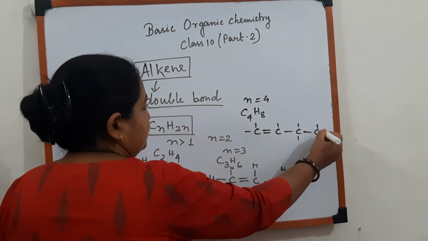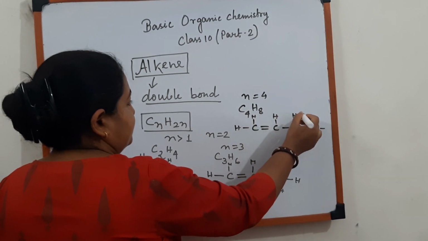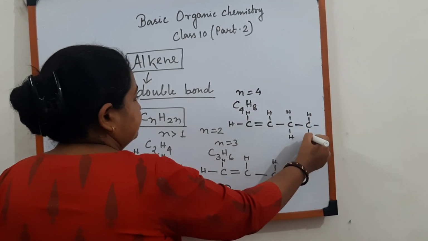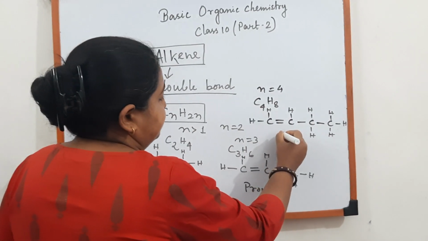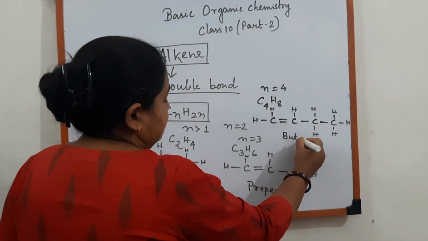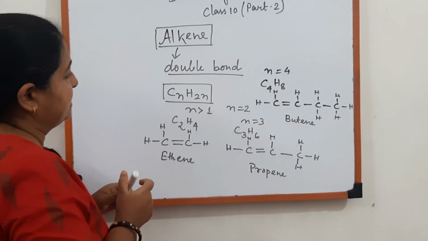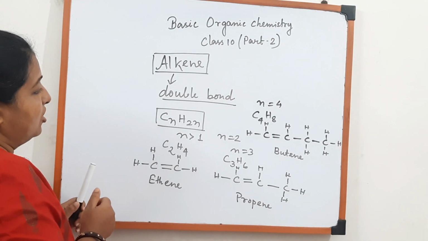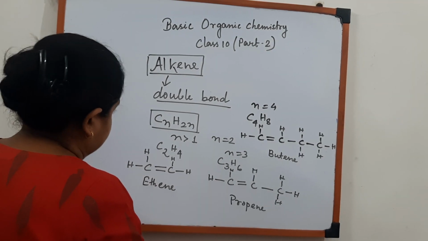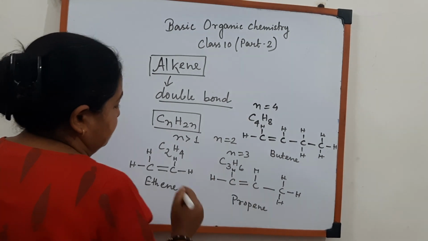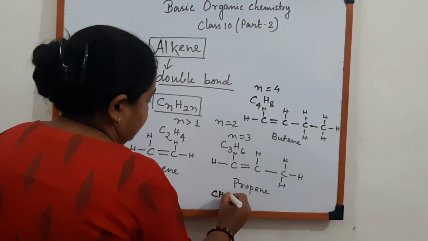Here, 1, 2, 3. So 4 carbons means but, and at last we have to add ene in butene. In this way we can write the structural formula of the alkenes. Again this pattern we can write in the normal condensed form.